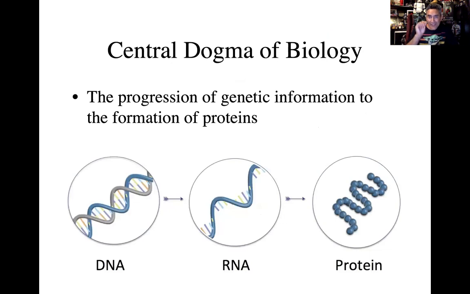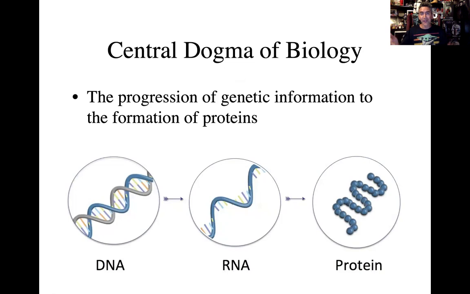So right now, the framework of biology in the year 2020, and since 1953, is that DNA is that central core molecule. We inherit DNA. Once we inherit DNA, it is going to be transcribed to form RNA, that single-stranded molecule, and that RNA is then going to help us form proteins. So it's a progression of molecules.